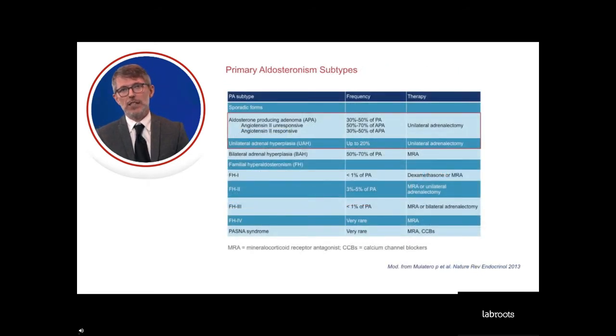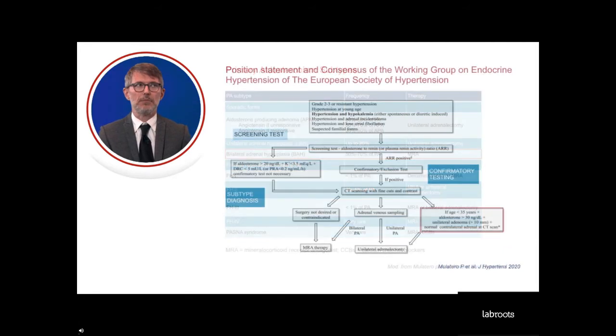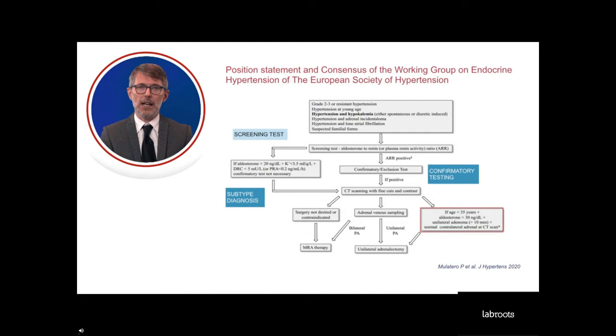Subtype diagnosis is fundamental because we have to divide patients into those that should be treated with surgery and those that should be treated with mineralocorticoid receptor antagonist. However, there's a small subgroup of patients that could skip adrenal vein sampling, if this is not available, and go directly to surgery.